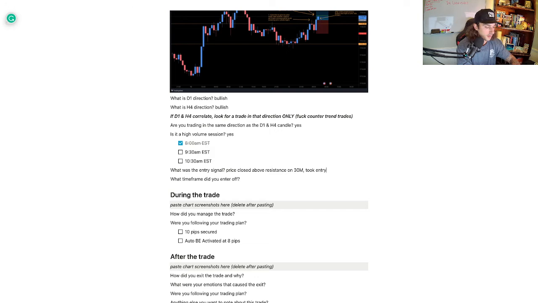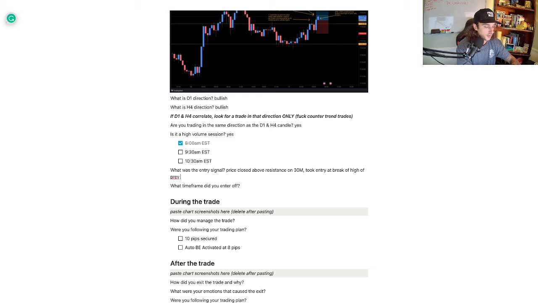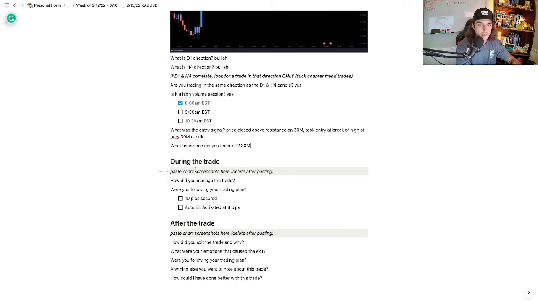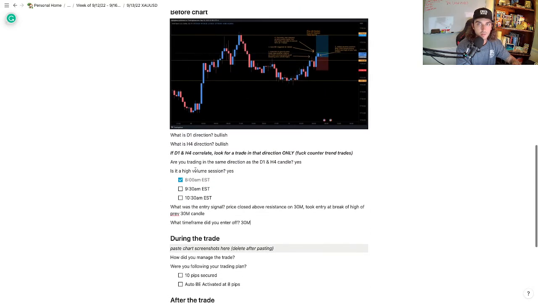Took entry at break of high of previous 30-minute candle. So that's how my notes would be. What time frame did I enter off of? 30-minute.